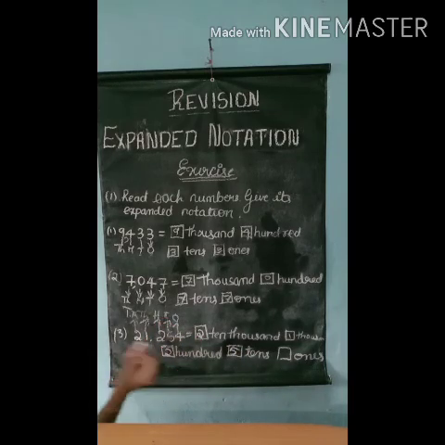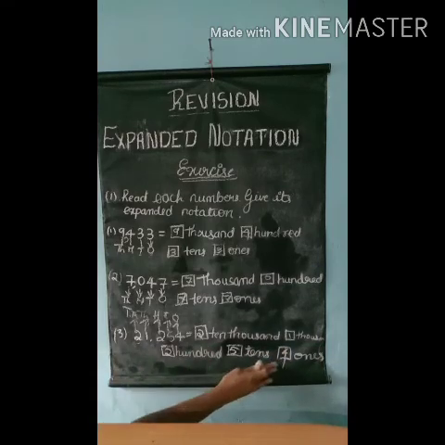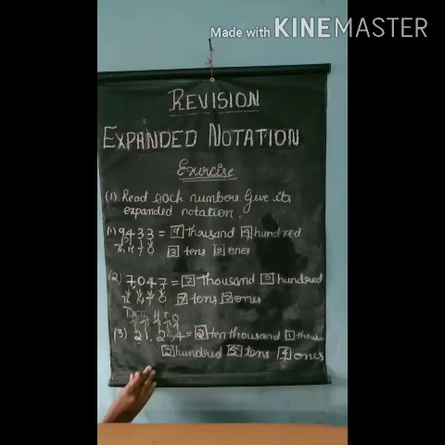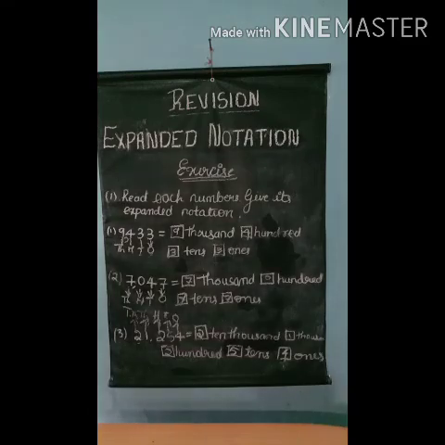So 5 multiplied by tens. The next one is 4 ones. 4 multiplied by 1. So this is called expanded notation. What is the expanded notation? A number is represented as the sum of each digit in a number multiplied by its place value.